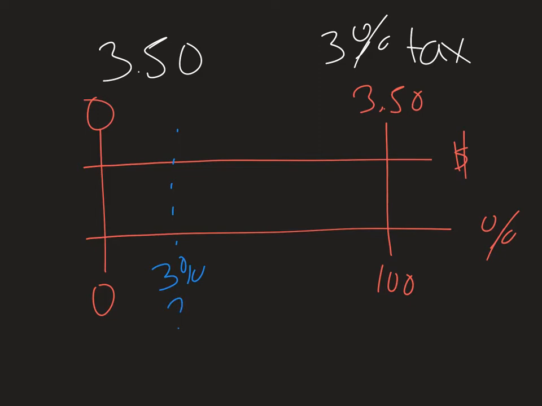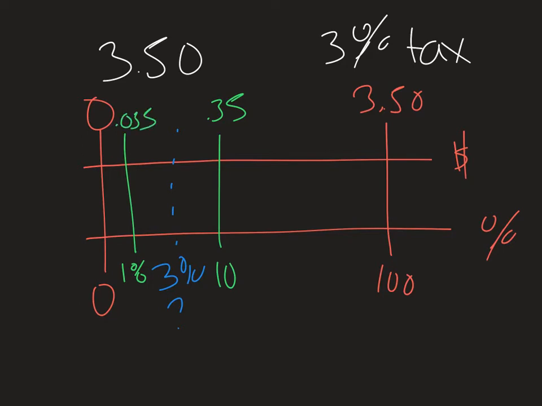I'm not seeing a clear way to get from 100 to 3 with multiplication or division, but there are a few things we can do here. We could figure out what 10% would be pretty easily. If we just divide by 10, we're moving the decimal over, and that would be 35 cents, or 0.35 if we're talking dollars. Then 1% would be pretty easy to get to as well. 1% would be a tenth, again, of the 0.35, so 0.035.